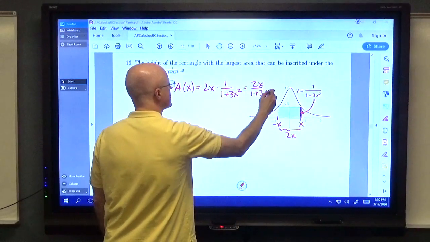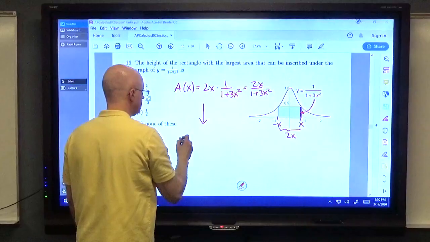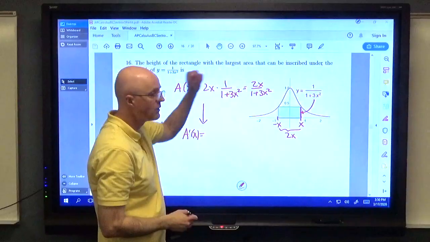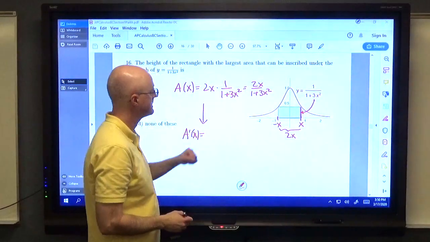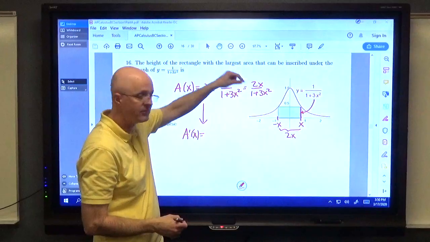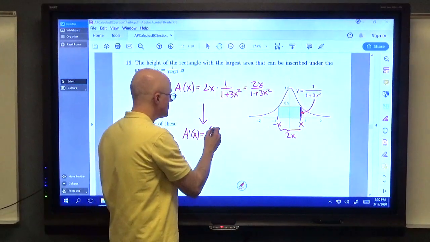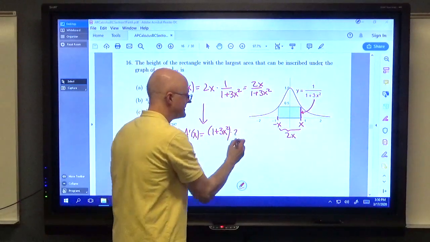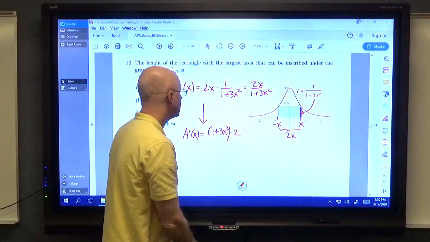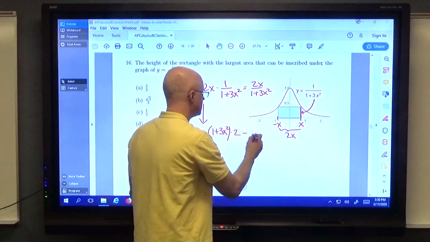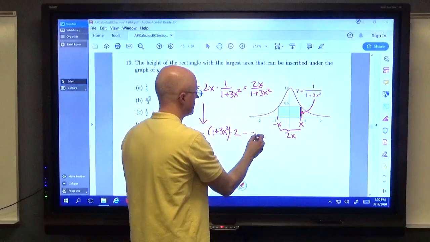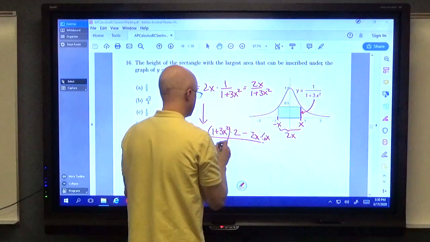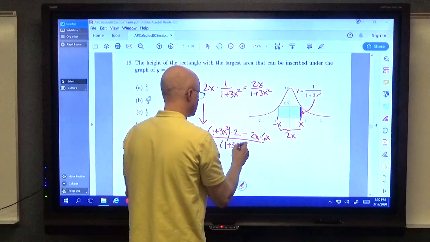So to differentiate this, I can use the quotient rule, which I always remember as low d high minus high d low over the square of what's below. We've got a fraction here. We've got a high function and a low function. Low d high, the derivative of the top, minus high, 2x, d low, the derivative of the low function is 6x, over the square of what's below, (1 plus 3x squared) squared.